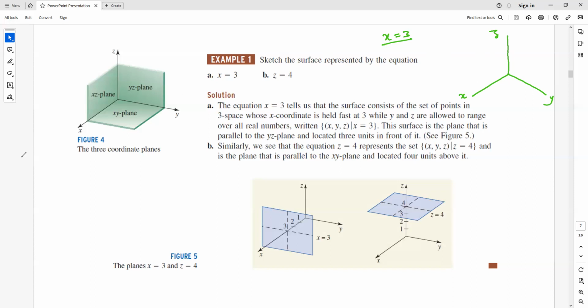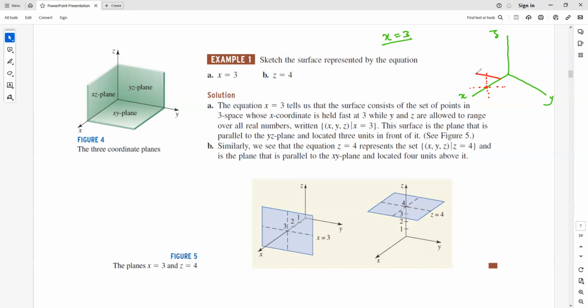If I want to draw x equals 3, it means that I have to fix a point at x equals 3. And then on this point, we have to extend in the y direction as well, and the z direction. So we have to extend this in both directions because we have two other axes now. It will look like this.